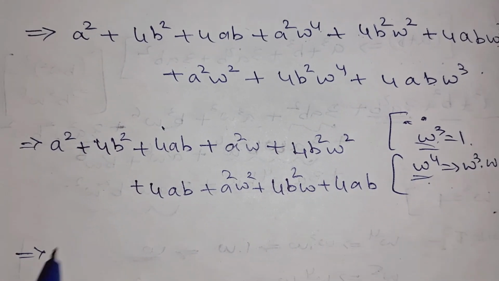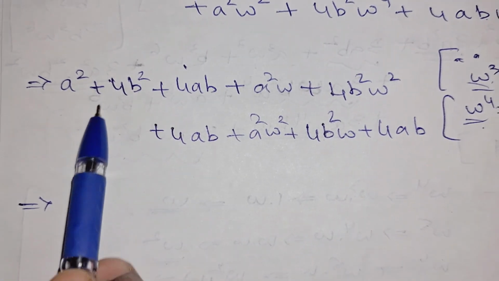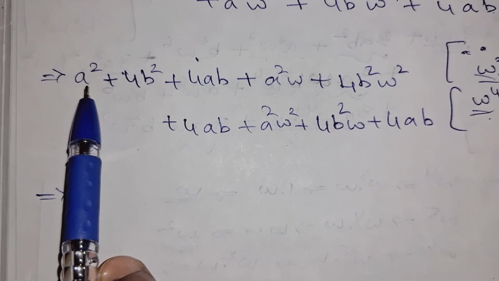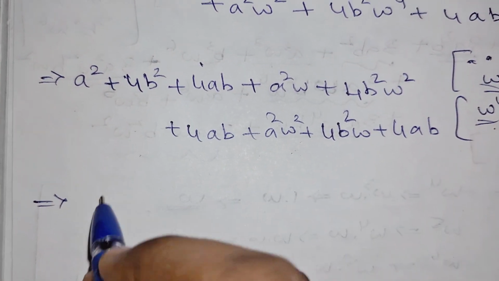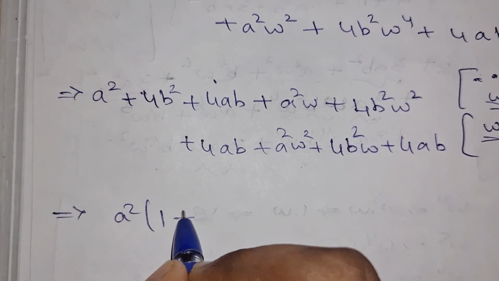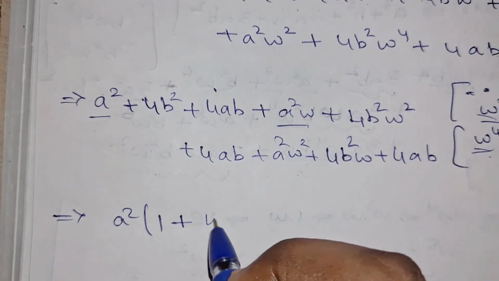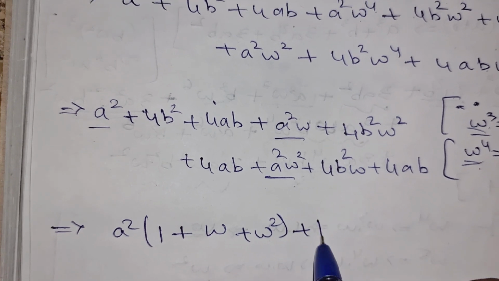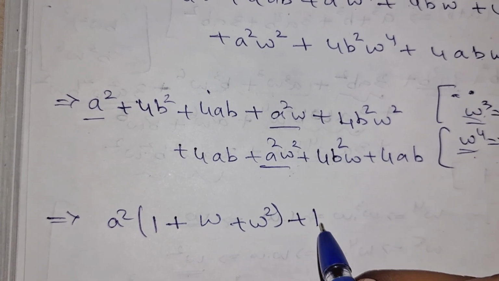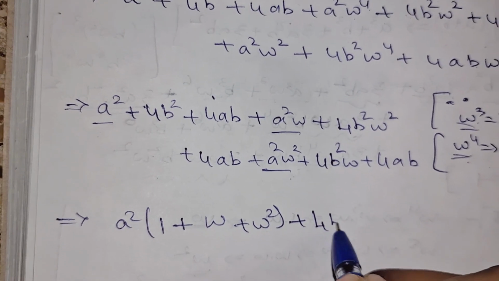right. Then if you look at this equation carefully, here you can take a square common, b square also common. So if I take a square common, I will be left with 1 plus omega square, and I can take 4b square common actually.